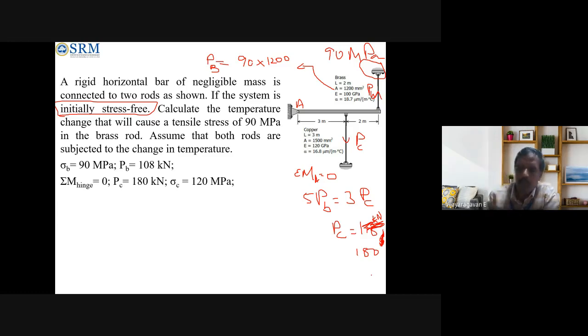Then let us find the deflection. What will be the deflection in each of brass and copper? Before that, let me erase the unwanted portions here.